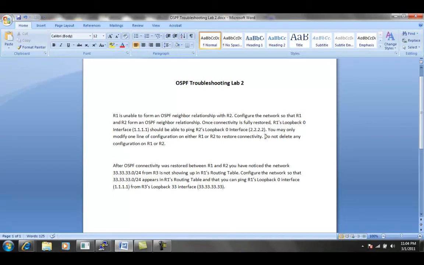Do not delete any configuration on R1 or R2. So this ticket specifically tells us that we are not able to delete any configuration and that we are only allowed to modify one line of configuration.